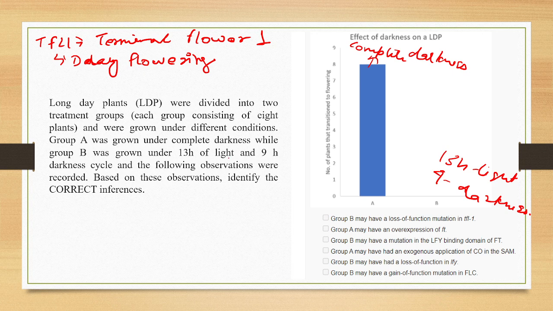But in group B, you can see the plants are exposed to normal light conditions. If group B has a loss of function mutation, that means option A should be correct.